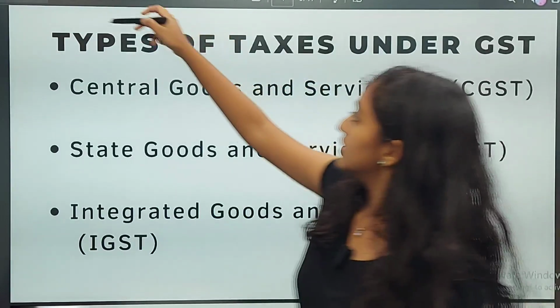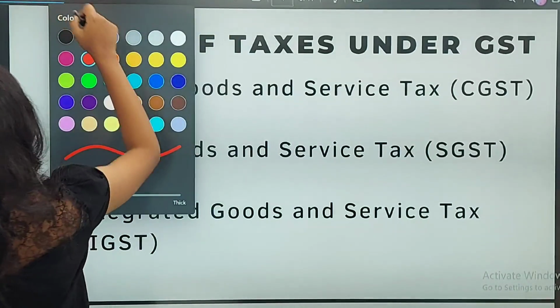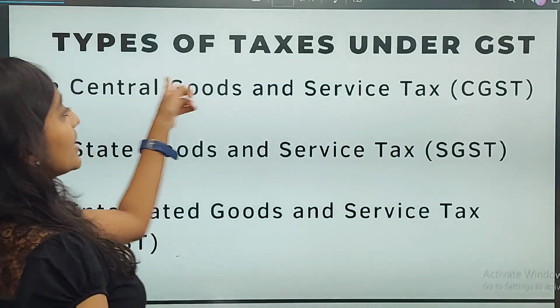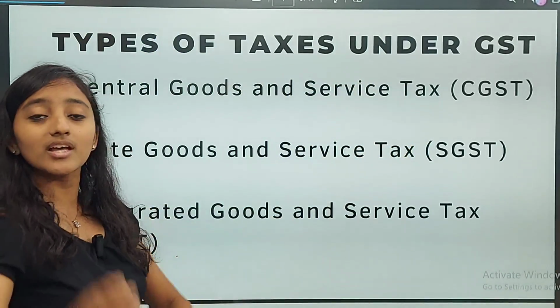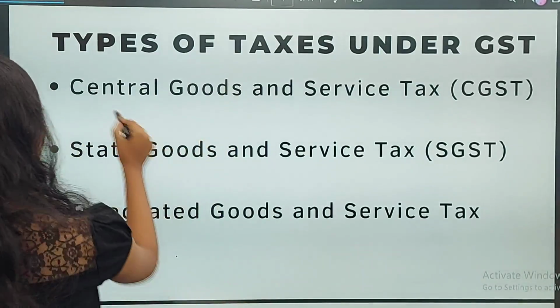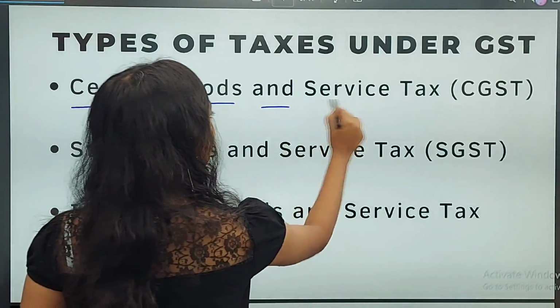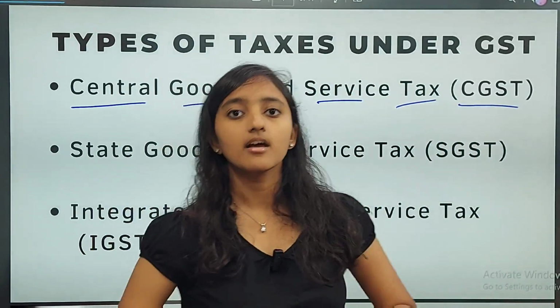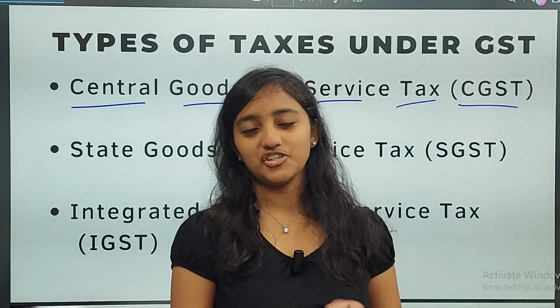Now let us know the types of taxes under GST. So there are 3 taxes under GST. One is Central Goods and Service Tax, CGST. ये सब आपके questions में आएंगे. Calculate CGST, calculate SGST.